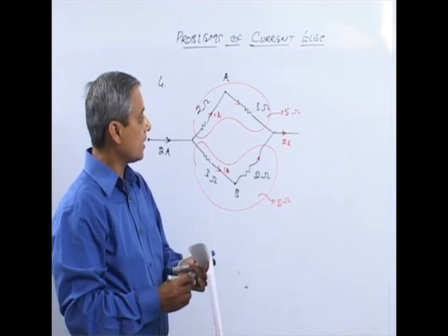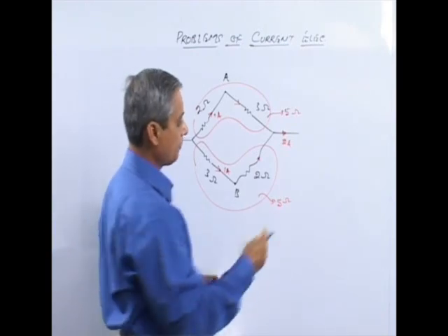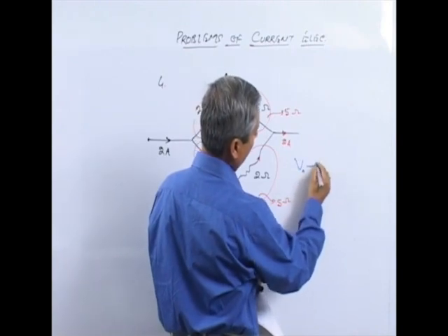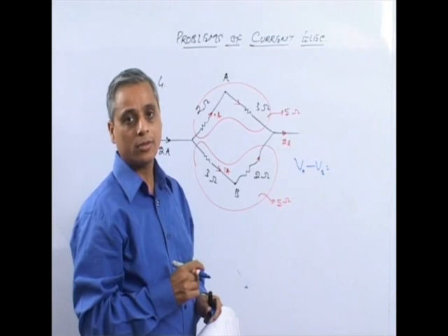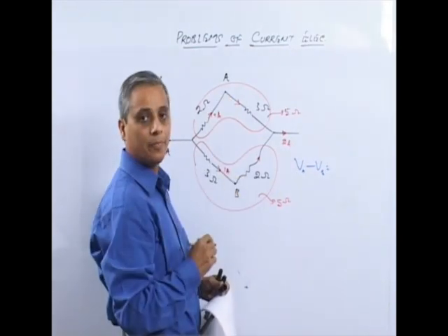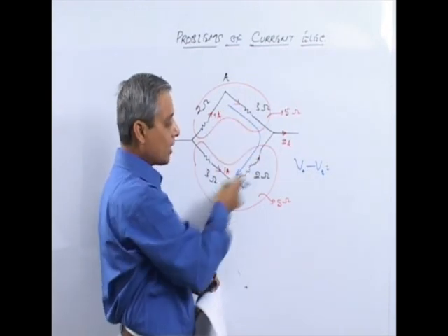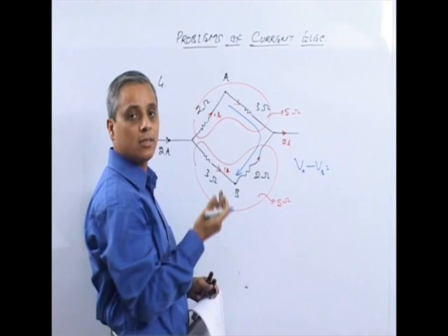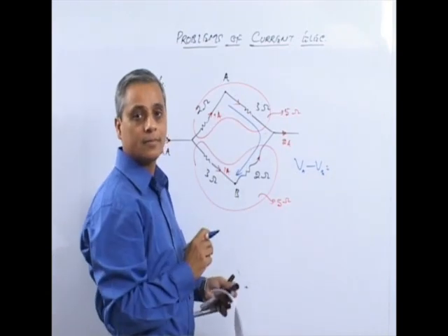Now in a circuit, if you want to calculate potential difference VA minus VB, you have to find out potential drop starting from A to B. So you have to follow potential drop from A to B either on this path or this path, whatever path you choose. Suppose we are choosing this path.